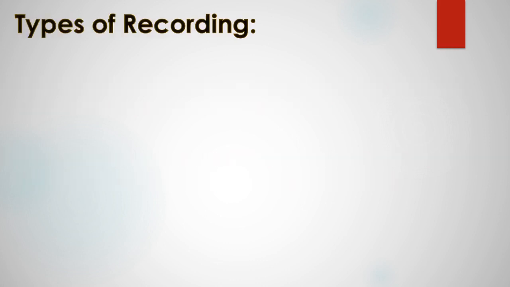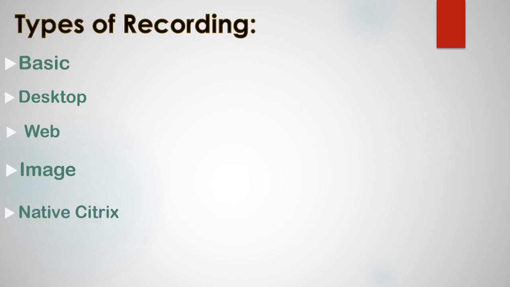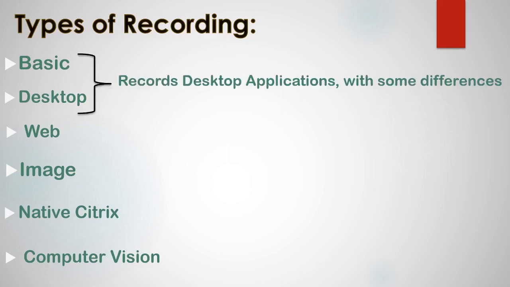Now moving to the types of recording, there are 6 types of recording present in UiPath, and they are basic, desktop, web, image, native Citrix and computer vision. Basic and desktop recording record desktop applications with some differences which we will see in a few minutes.